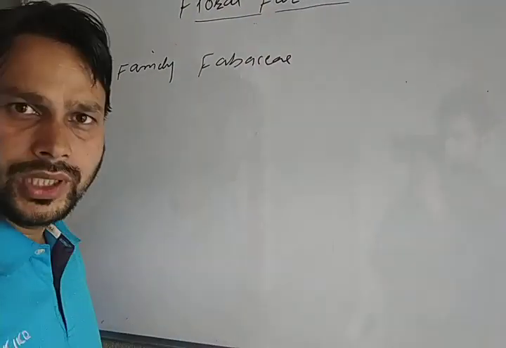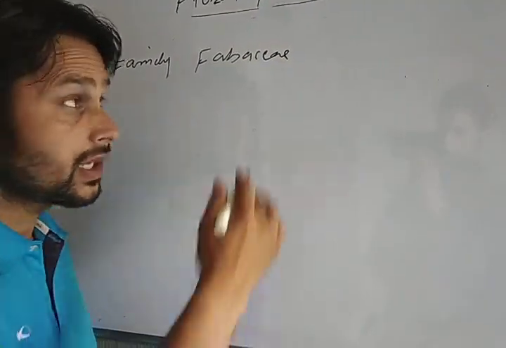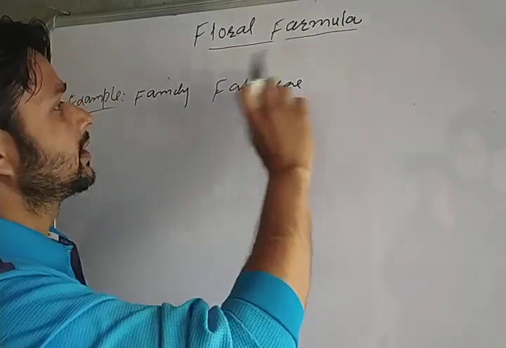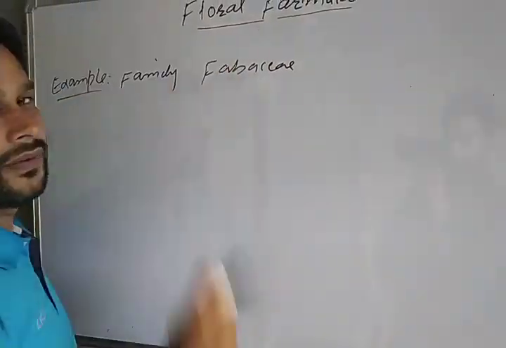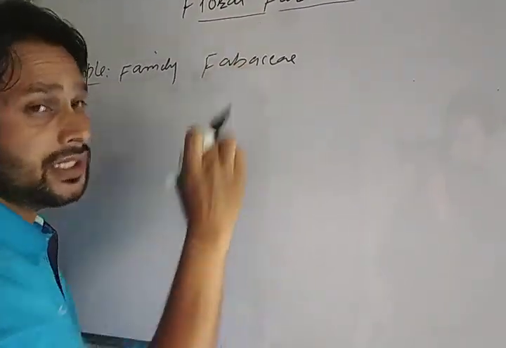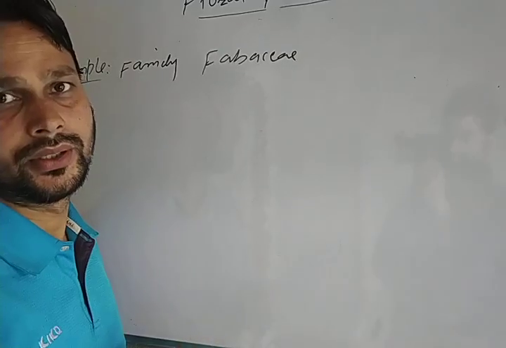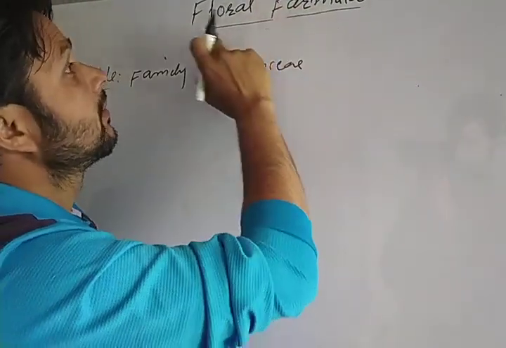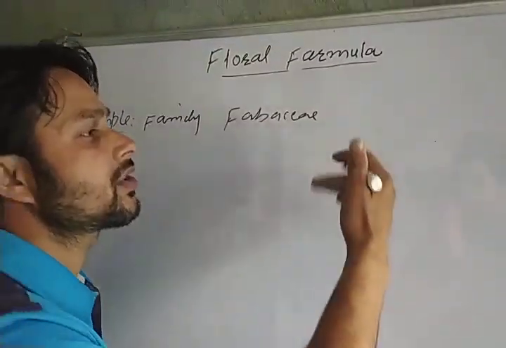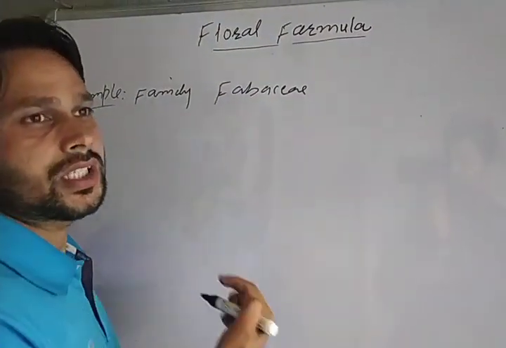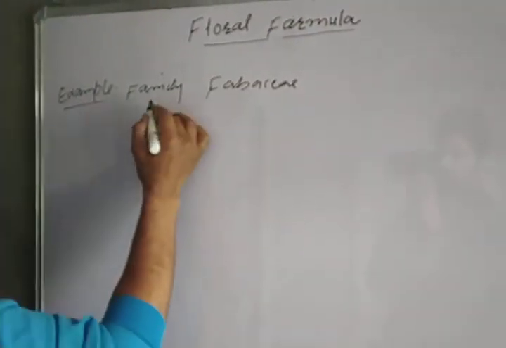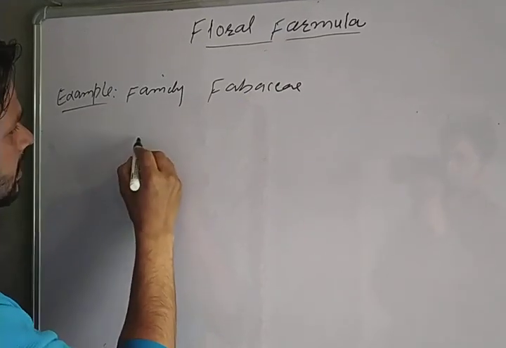You are aware of pea, you are aware of beans, you are aware of moong. These are the species of this Fabaceae family. Now, if we have to explain the flower of this family, we can explain it with the help of the floral formula. We take the flower, start from the outer surface to the inner surface, and see all the conditions.